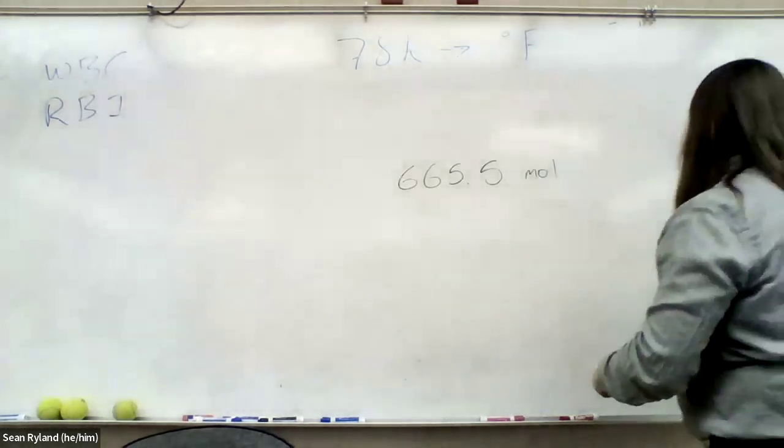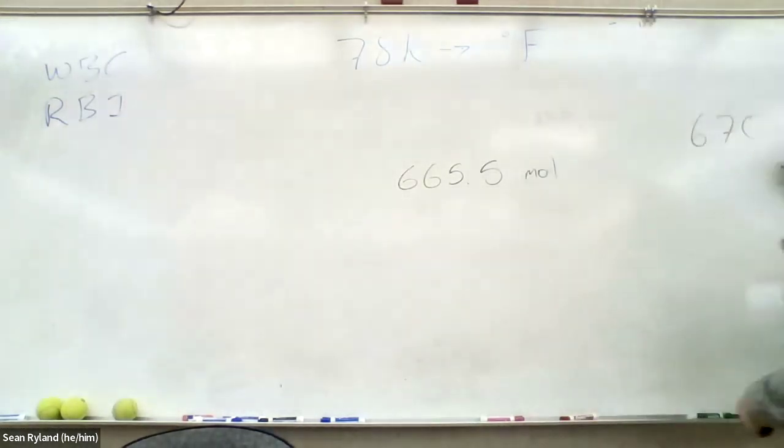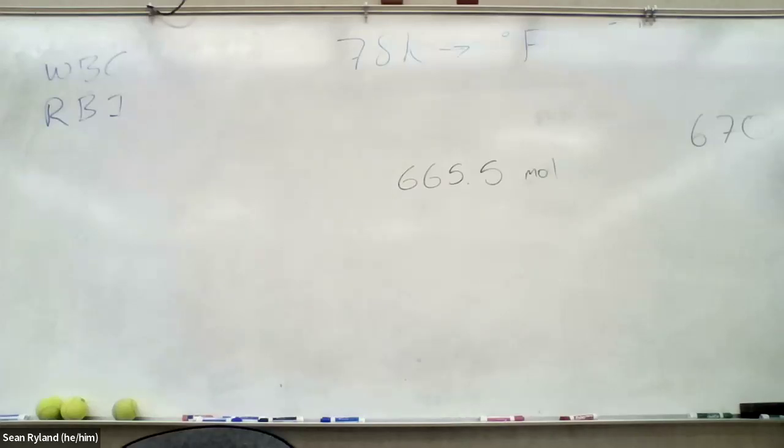But 670 is an ambiguous number, meaning it's unclear whether that's 2 sig figs or 3 sig figs once you round it. So if you have an ambiguous number where it could be either 2 sig figs or 3 sig figs and you don't know which, you have to specify. And the way you specify is you put it in scientific notation.